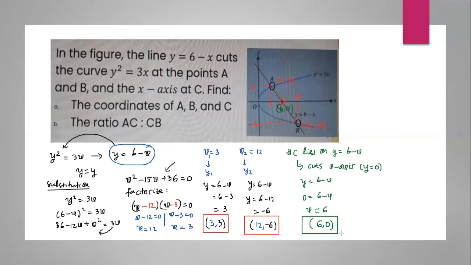Is it clear to you? Okay, good. Now is the ratio AC to CB. I think that's very easy.